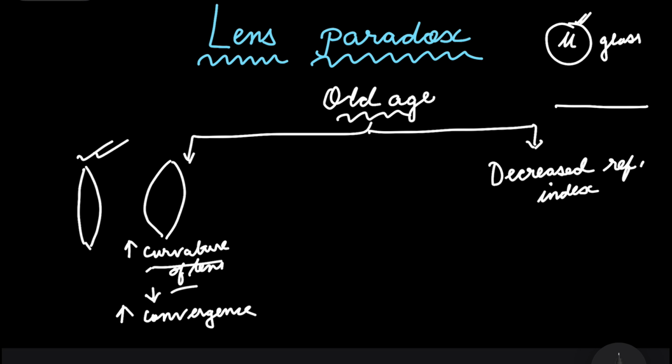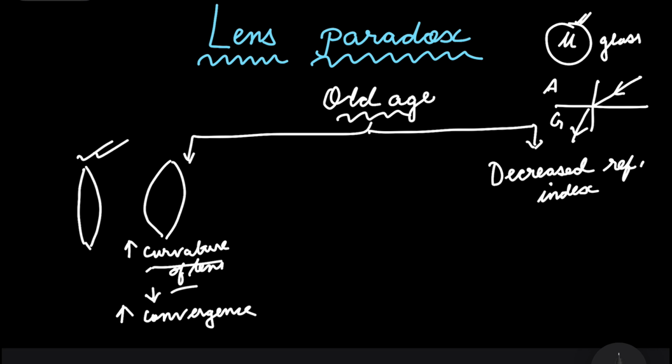So if this was air and this is glass, this is the normal, this is the light ray, then the light ray will move towards the normal, right? This is called refraction, and this is moving towards the normal because glass is optically denser than air.